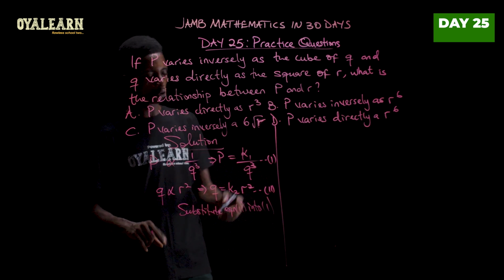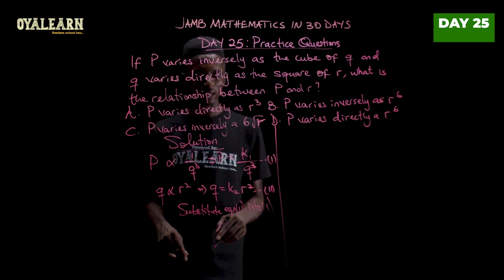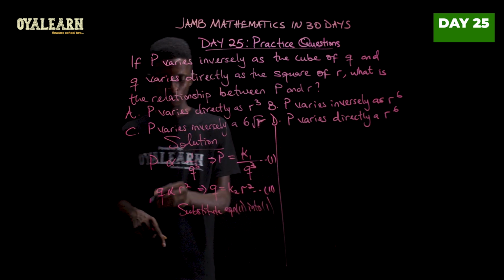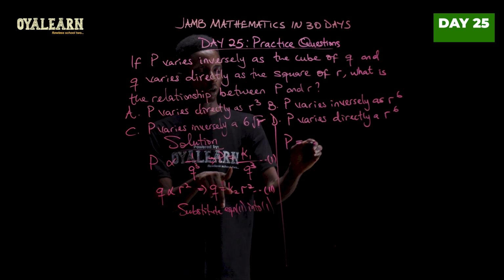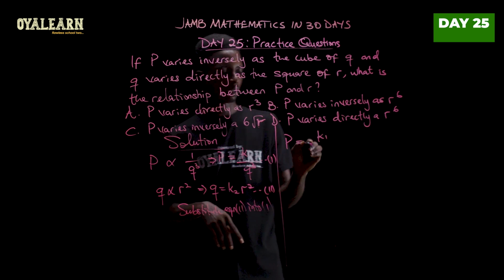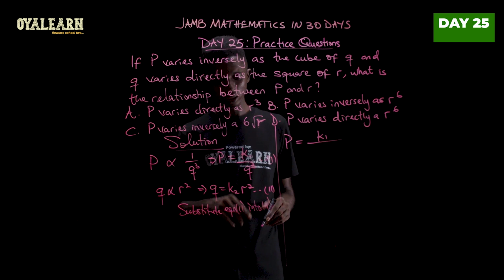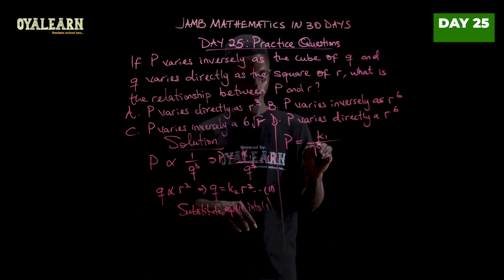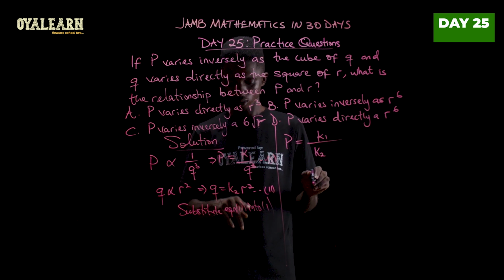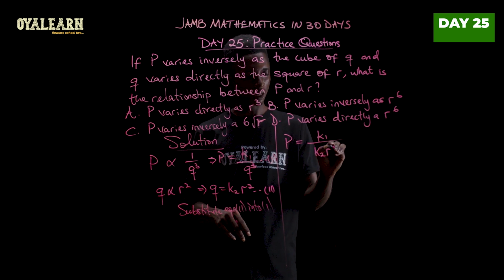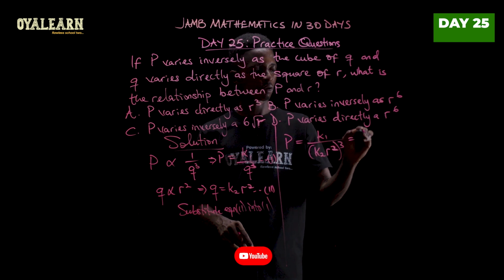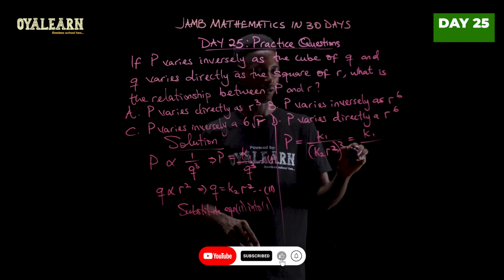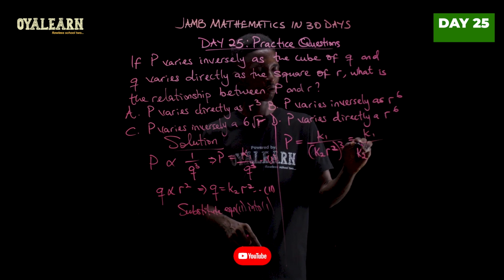So in place of Q in equation 1, we're going to put K2 R squared. So from there we can then say P equals K1 over, so instead of this we're going to be having K2 R squared all cubed. Now this will give us K1 over K2 cubed R.